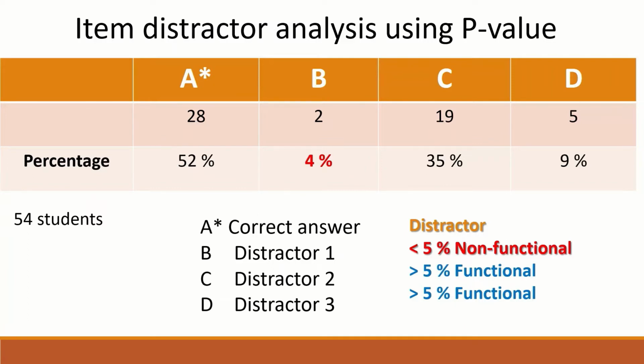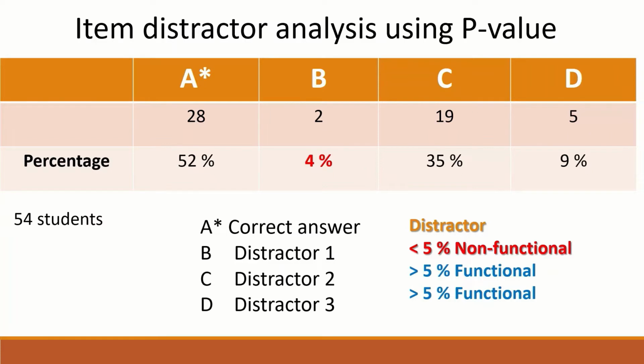To calculate the percentage for each, for the first distractor B, 2 students selected it, so 2 divided by 54 multiplied by 100 equals 4%. Distractor C has a p-value of 35%, and D has a 9% value for the percentage or proportion value.